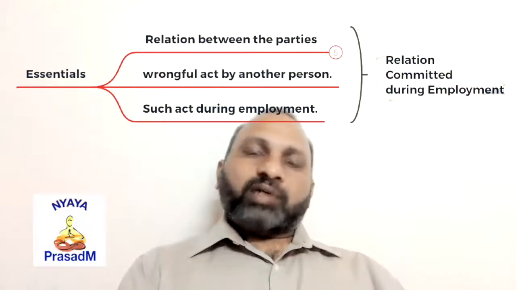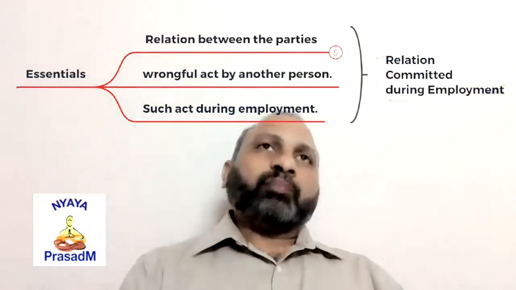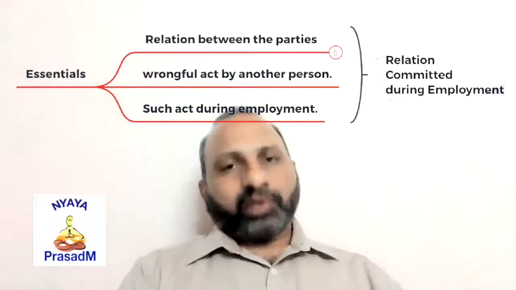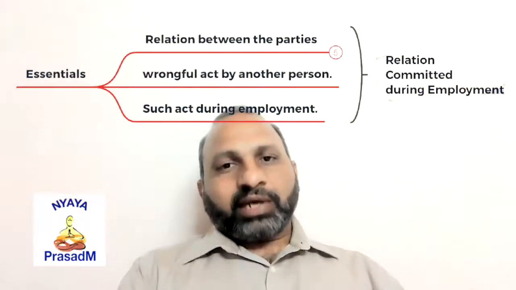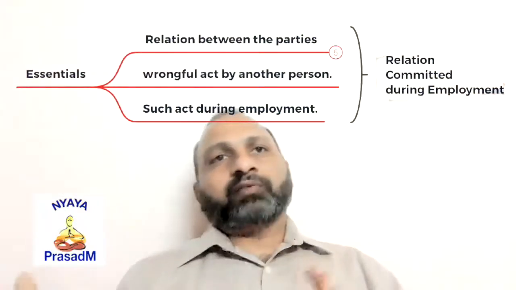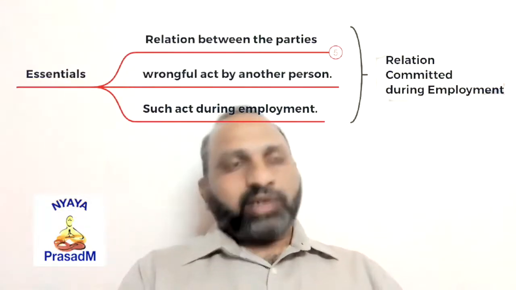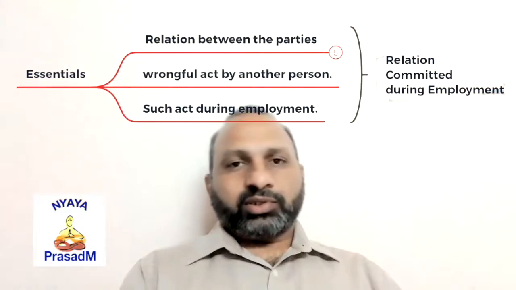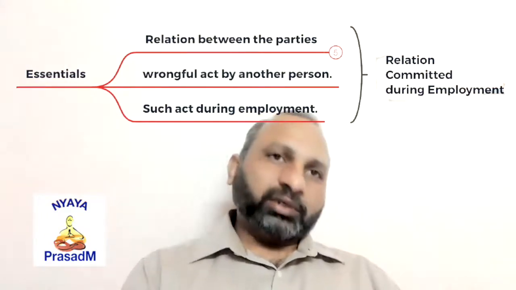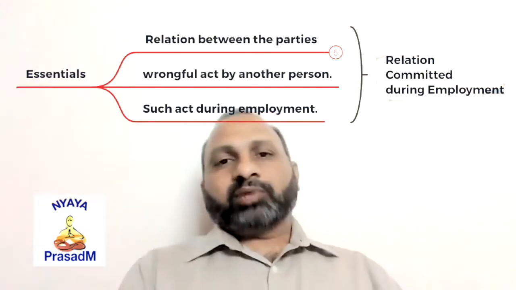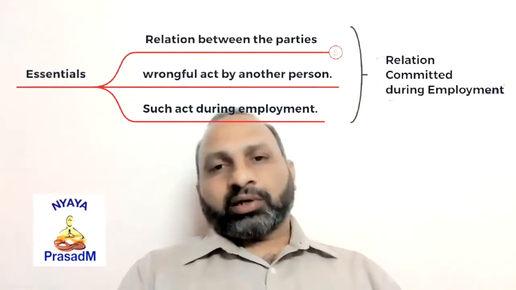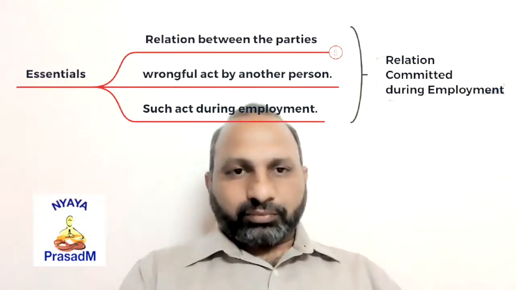In the case of master and servant, the servant is employed by the master or doing something for him. Company and directors: the directors are employed with the company, and they are obliged to do certain things which they either omitted or did wrong. Similarly, the same thing applies to partners in a partnership firm.